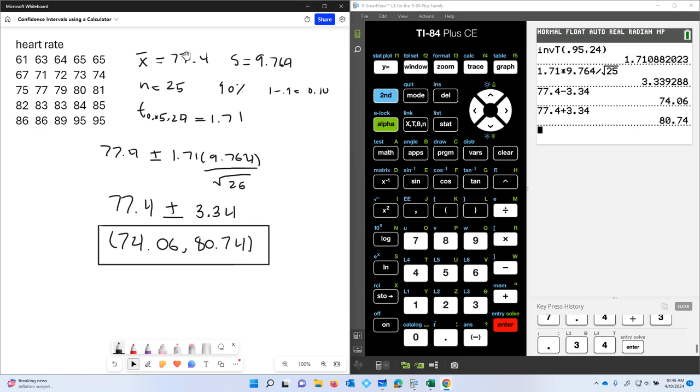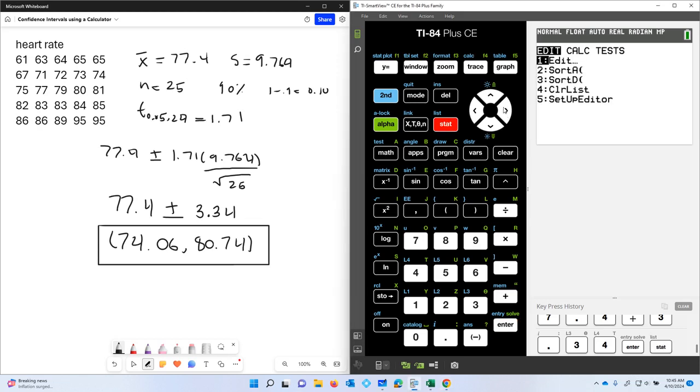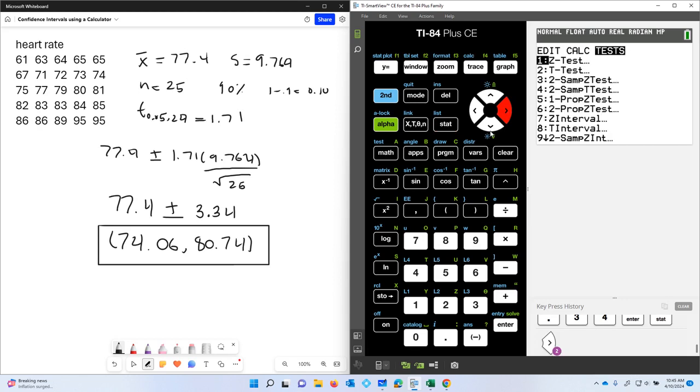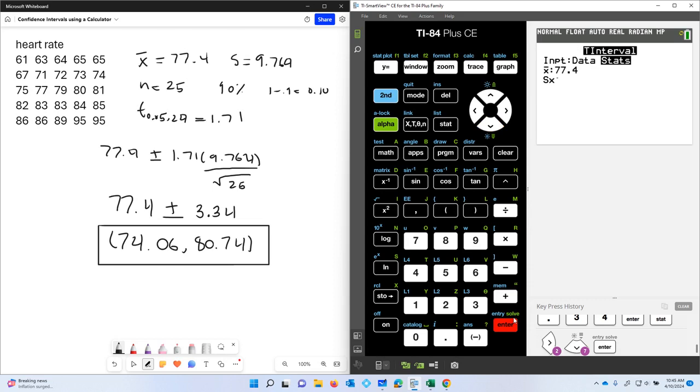So here, what if after we input the data, we don't really look for these calculations, like the sample mean, the standard deviation, and then looking for the t-value? Because actually the calculator does, in fact, do that part as well, where you would go to stat, go to tests, and go to the t-interval.